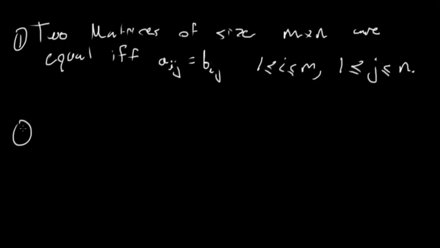Property number 2, we can add two matrices. Matrix addition.